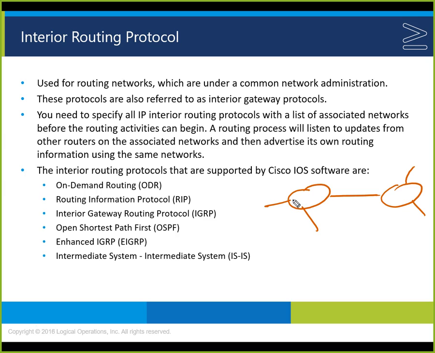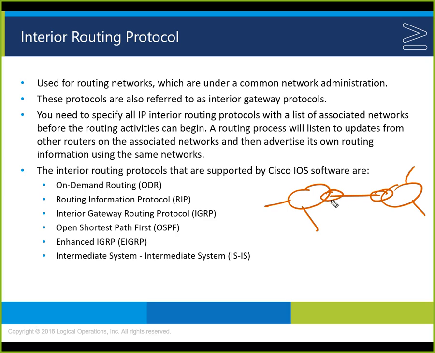We have to then tell the routing protocol to advertise the networks that are attached. That activates them for that particular routing protocol. And that includes the network that goes from router to router.